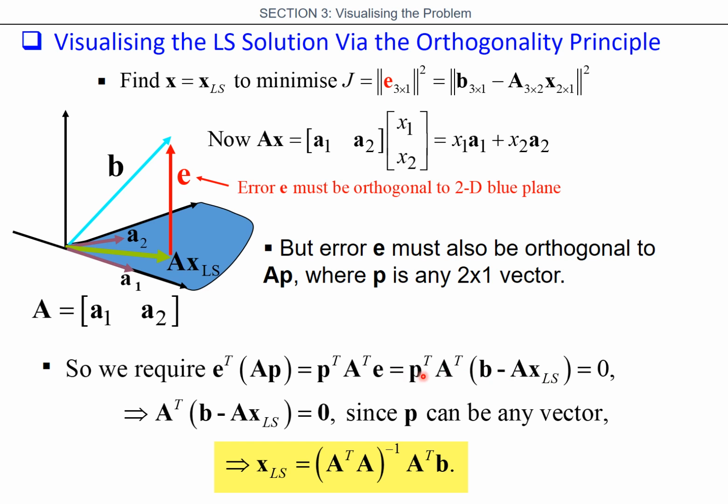But P is a 2 by 1 vector, and it's any 2 by 1 vector. So what we're saying is that the inner product between any 2 by 1 vector and a fixed vector is 0. The only way that can happen is if the fixed vector is itself 0. And so when we just rearrange that, we end up getting the familiar least squares solution.